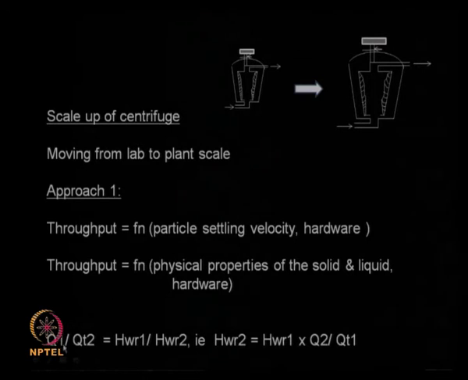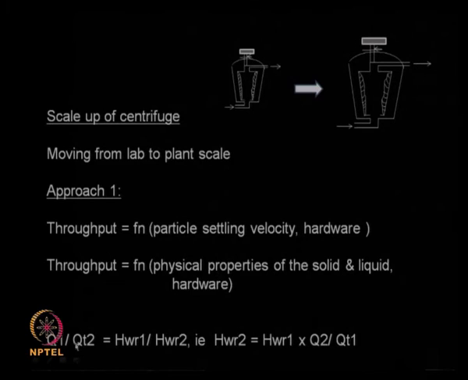So, throughput in centrifuge 1 divided by throughput in centrifuge 2 will be equal to the hardware details of centrifuge 1 divided by the hardware details of centrifuge 2, assuming that the particle settling velocity does not change when you move from one scale to another. If you assume that, then throughput is directly proportional to hardware.